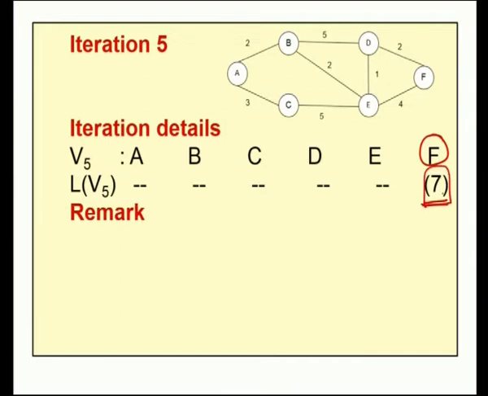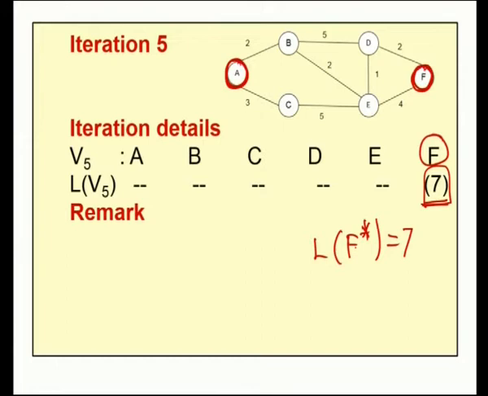Now, we are interested in finding the shortest path from node A to node F. Now, our final node is F. The labeling value of our final node, that is L of F star, equals 7.